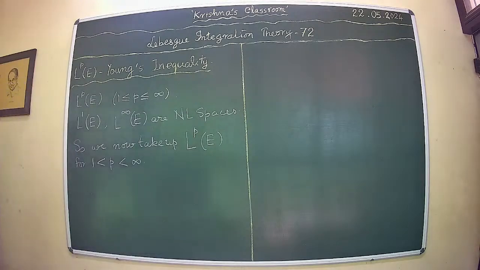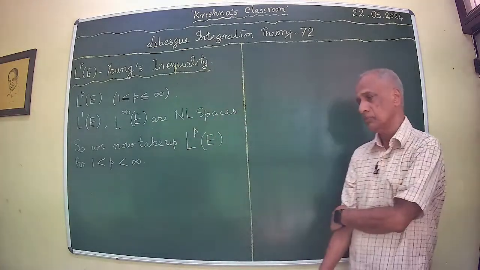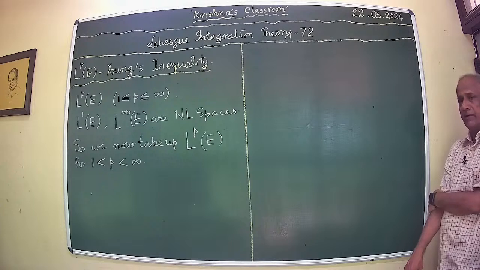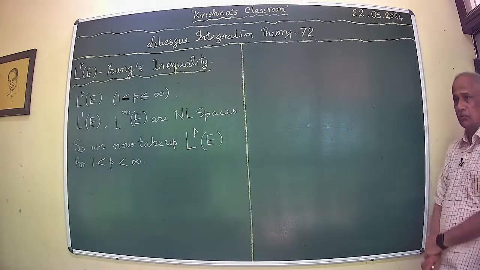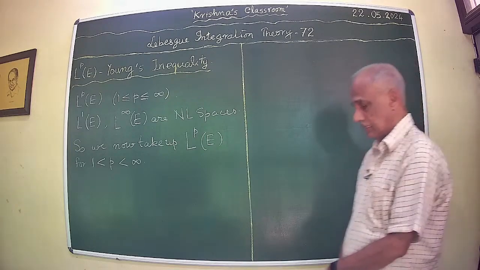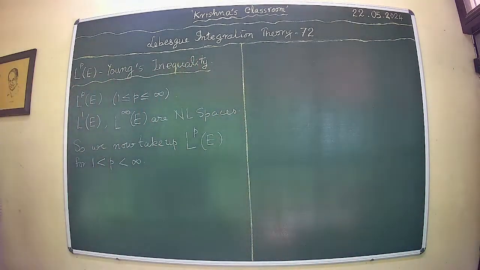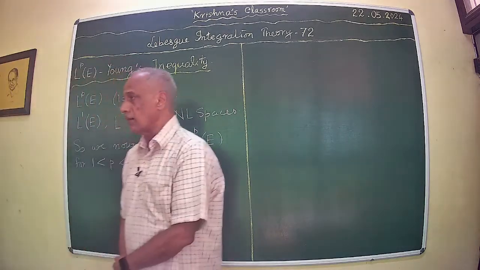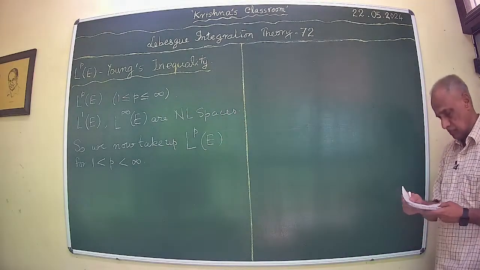Here we need some extra machinery to work this. That means we have to use some powerful inequalities in the process of proving the normed linear space structure of LP. So our task is now to work on this. Okay.